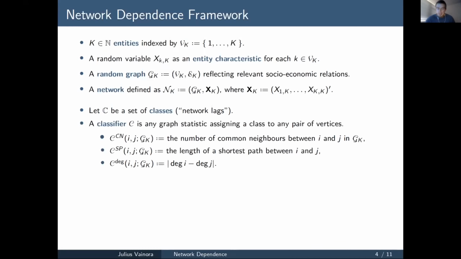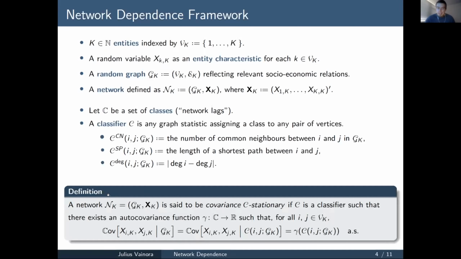A classifier, which I denote by C, is any graph statistic assigning a class to any pair of vertices. And here are 3 examples. First, we could say that we're interested in the number of common neighbors between i and j, or the length of the shortest path between i and j, or the absolute difference of their degrees.